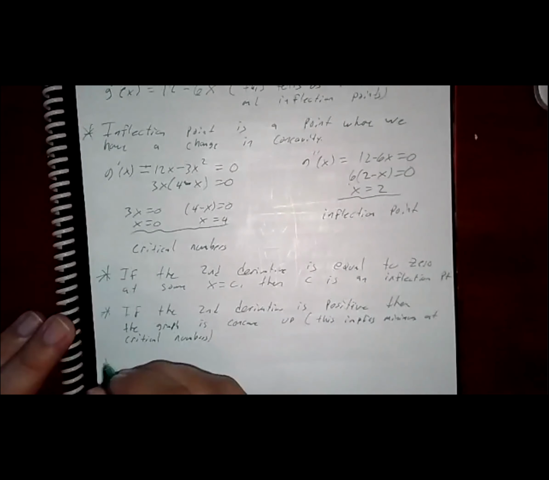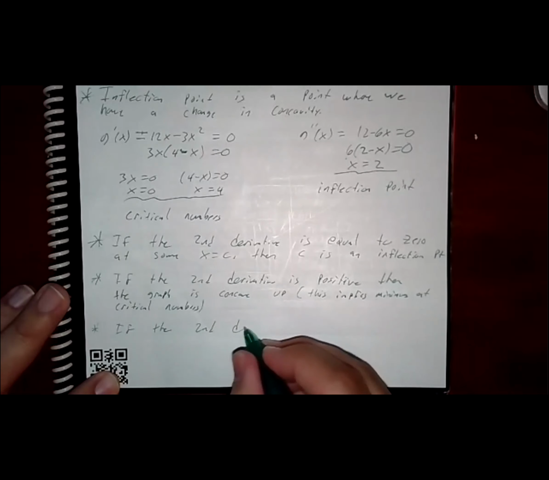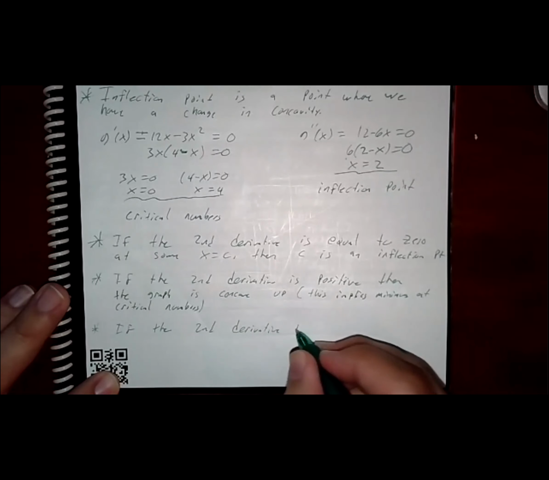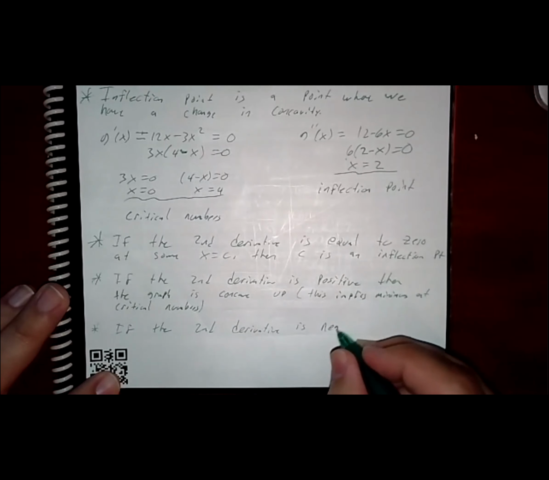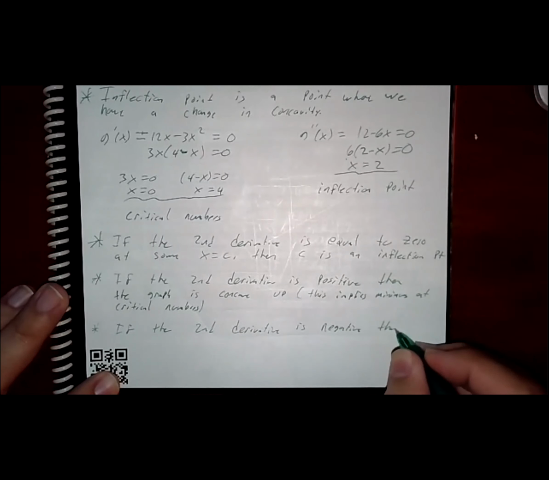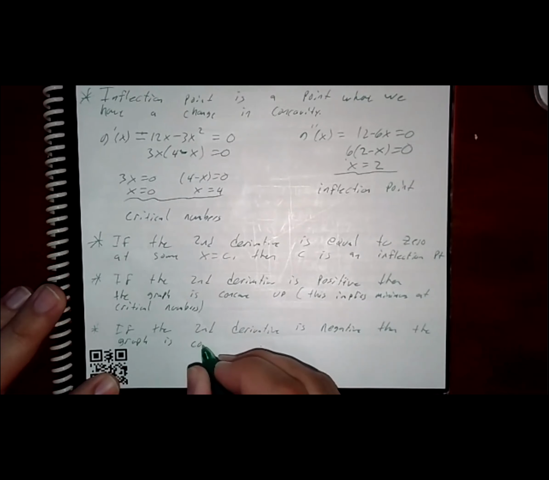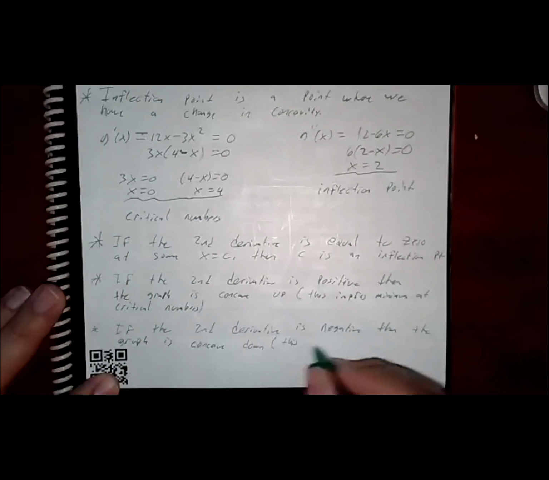If the second derivative is negative, then the graph is concave down. This implies maximums at critical numbers.